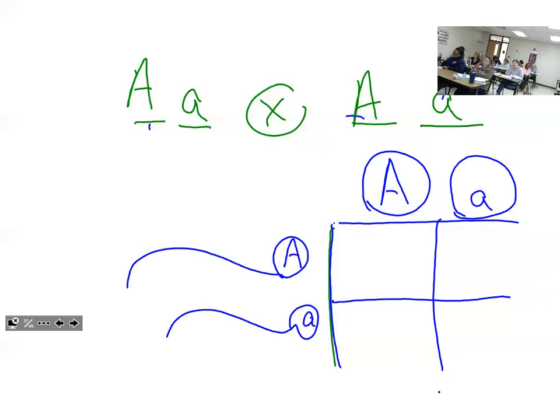This egg to that sperm. What is this child? Dominant. But it's homozygous dominant, isn't it? Homozygous dominant. What is this child? What is this child?